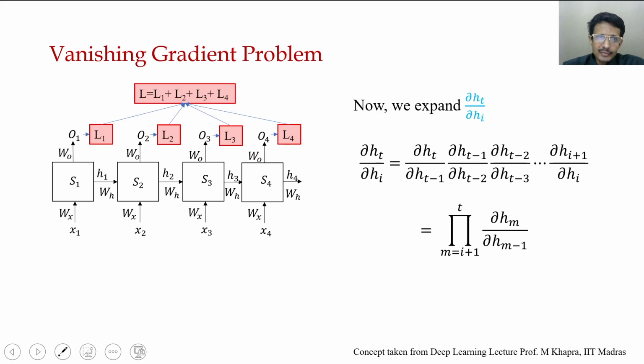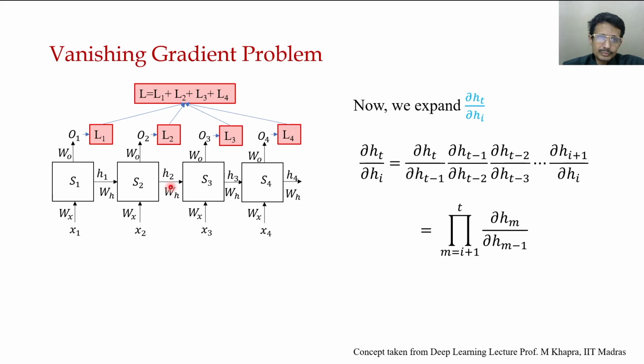Here we try to understand the relation between h2 and h1. So h2 is basically Wh into h1 plus Wx into x2 plus bias, and then we apply the tanh non-linearity.